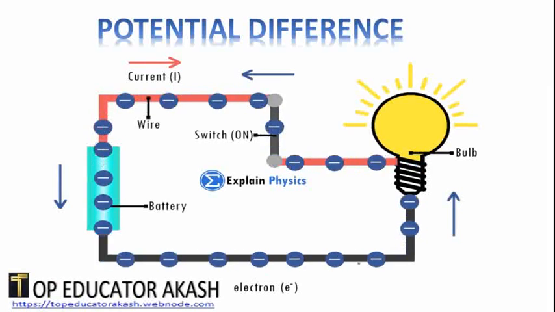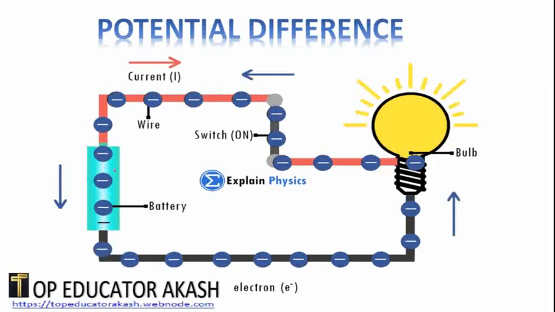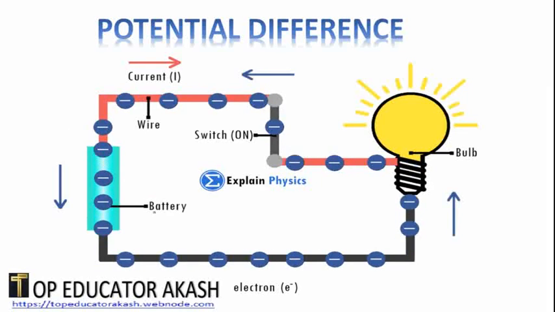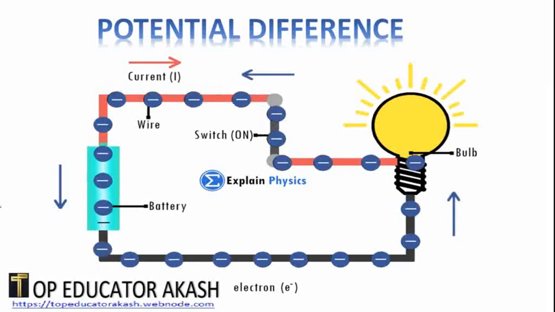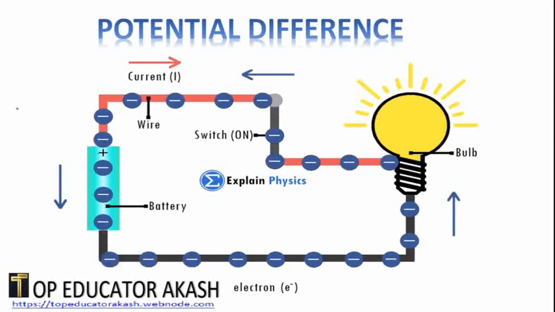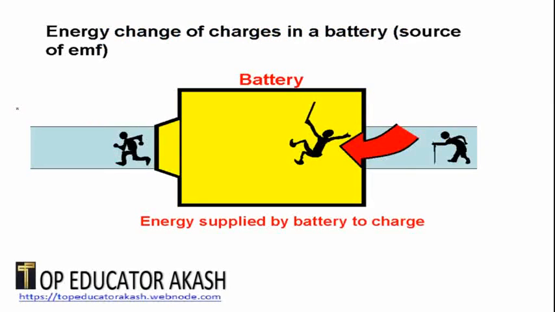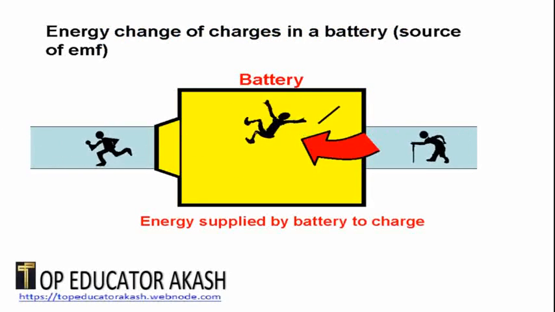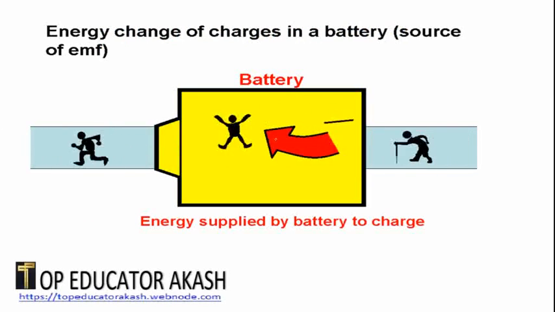As the electrons move and come into this battery, again they start moving. So you can say that it is providing the energy to move the electrons. Suppose you observe this 1 minute animation, you will get the idea.